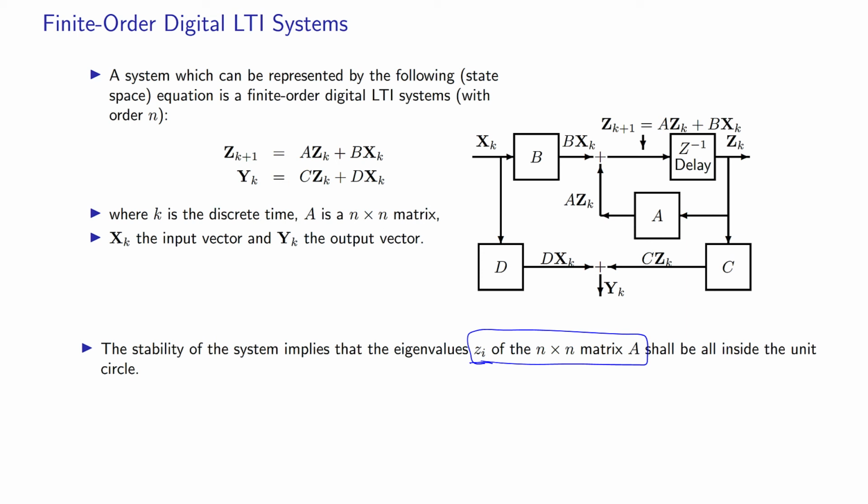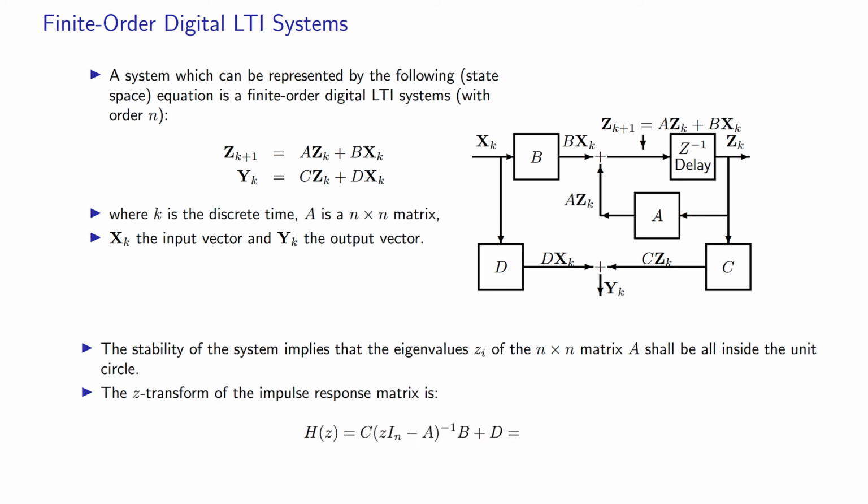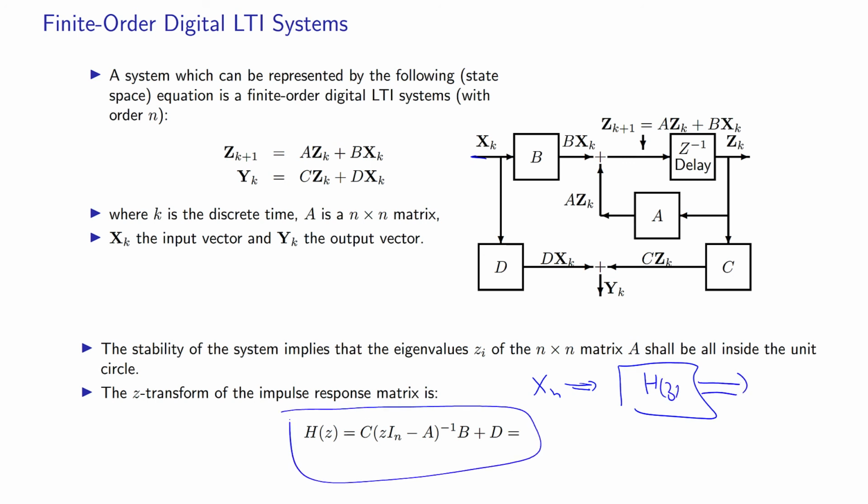In other words, the eigenvalues of this matrix A here are the poles of your system. And the transfer function between the input here, so you could say that x of n goes to H of z, which is like multiple input, multiple output. This H of z has this transfer function.